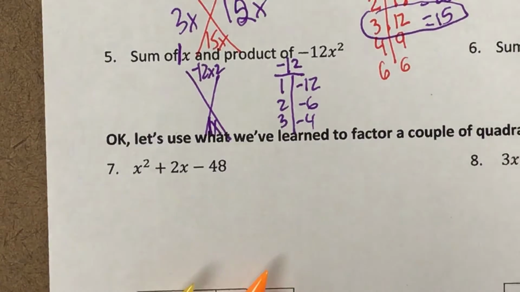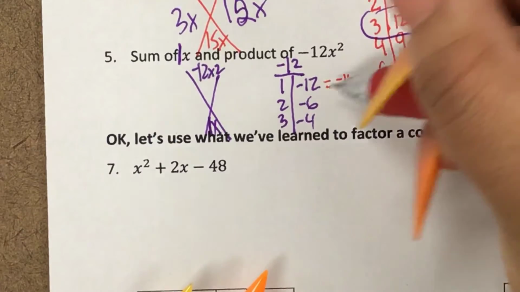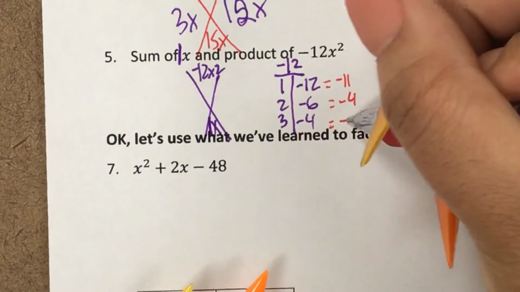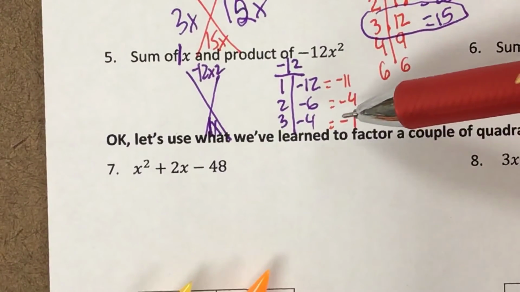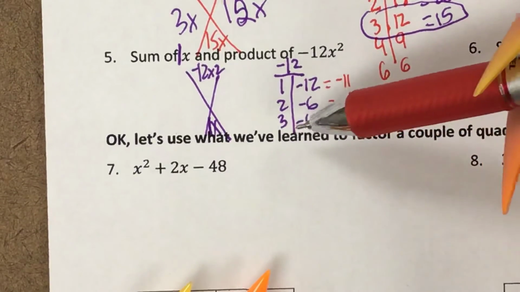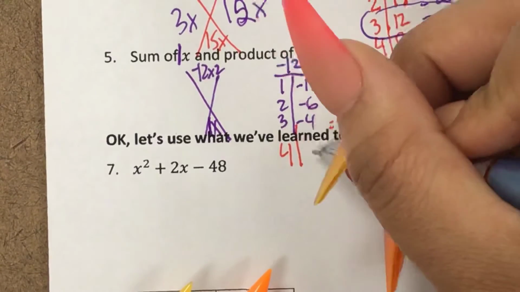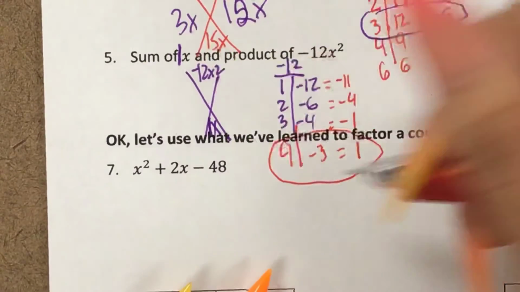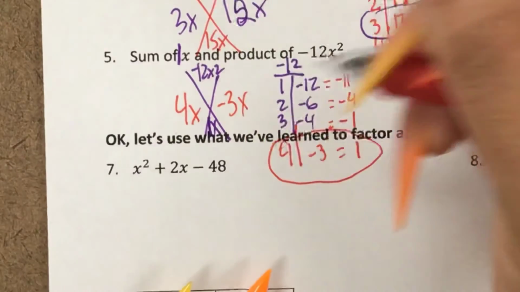So which ones add to get +1? This will give you a -11, -4, -1. Okay, I have the number that I want, but that's not the sign that I want. I want a +1, not a -1. So let's switch these. Let's make the 4 positive and the 3 negative. Now that gives me the number I want. So it's going to have a +4x and a -3x.